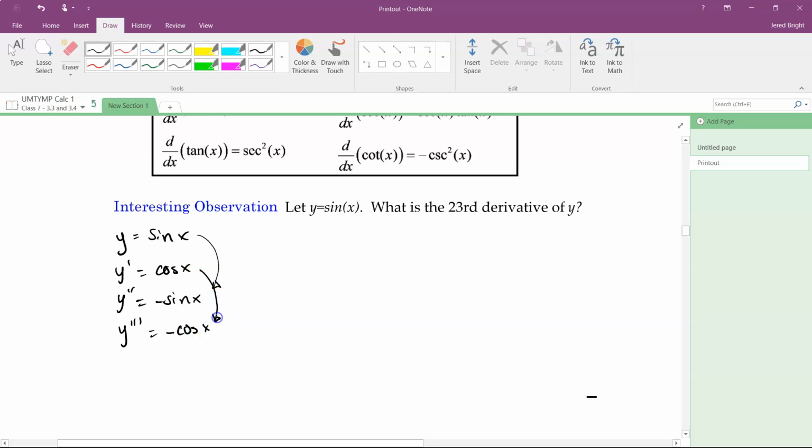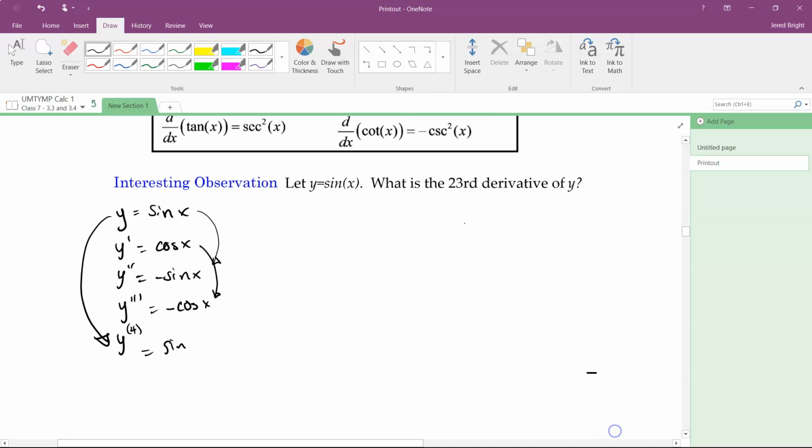Okay, so I'm seeing that negative pop up again, and then if I do the fourth derivative, actually I think they use regular old numbers in parentheses, the fourth derivative is just going to be the derivative of minus cosine, which is minus minus sine, so I end up with sine. So every 4 derivatives, at least for sine and cosine, they repeat.